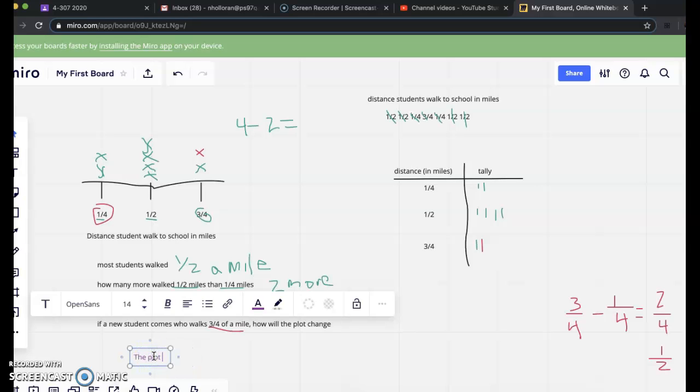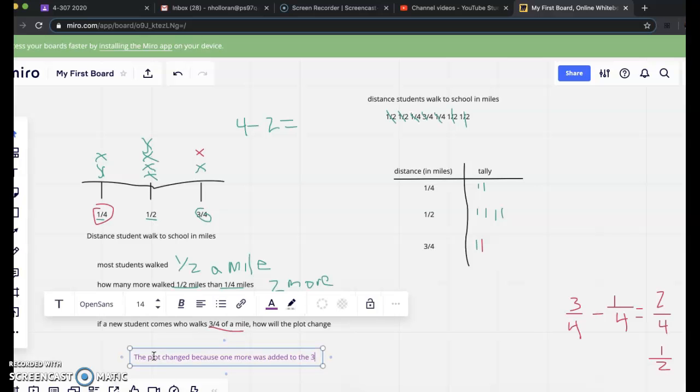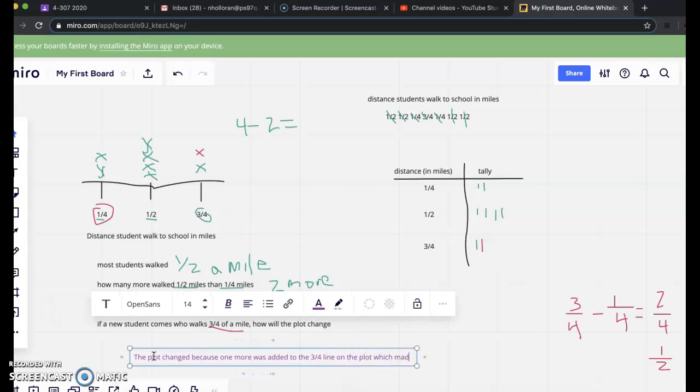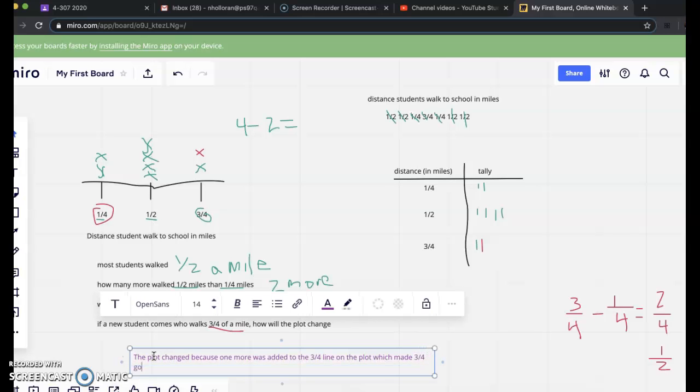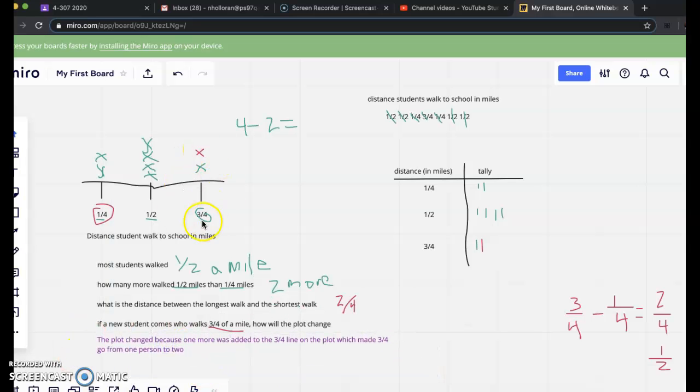So the plot changed because a person was added to that 3/4 line. It made 3/4 of a mile go from having one person walking 3/4 to 2 people walking 3/4.